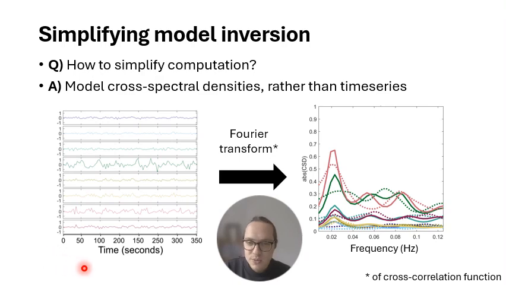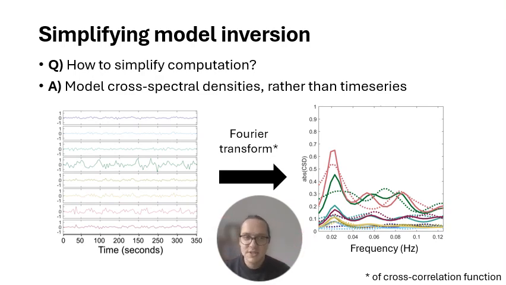These are the things you're normally going to be simulating with your forward DCM model when you're doing a conventional task-based DCM. In spectral DCM, what we're instead going to be trying to simulate is this cross-spectral density here. And these two are related to one another through Fourier transform and inverse Fourier transform.